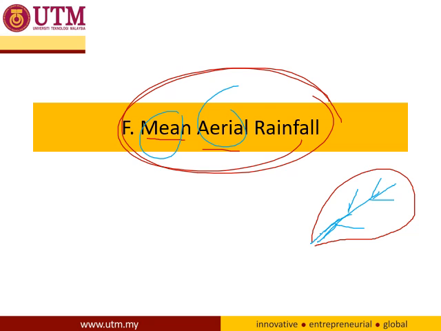Usually in one catchment we have a lot of stations, maybe 1, 2, 3, 4 stations, for example. If you want to do some calculation, maybe to see the flow at the outlet, we might need the mean areal rainfall. We want to know the mean of the rainfall representing all the area inside the catchment.